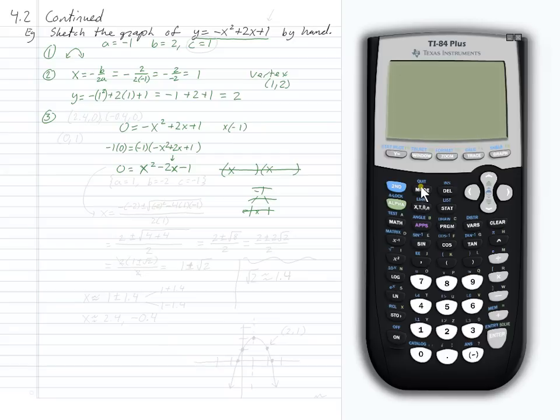So now we have a equals 1, b equals -2, and c equals -1. Those are the parameters I'm going to use in the quadratic formula.